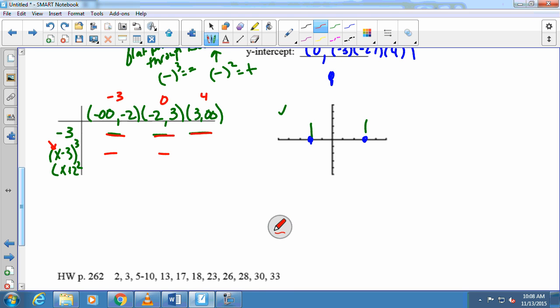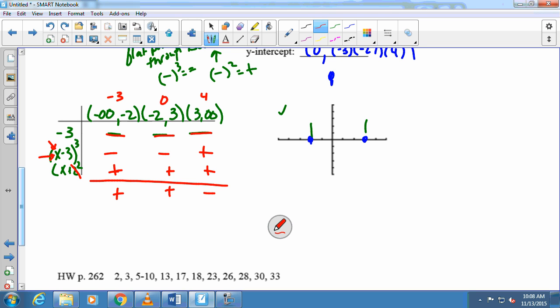And finally, when I get over here, 4 minus 3 is 1, cubed is positive. Plugging it into my second, anytime I square something, I don't even need to plug it in because it has an even power. An even number of negatives will be positive. Multiplying, that's strange. So it says I'm going to stay positive.